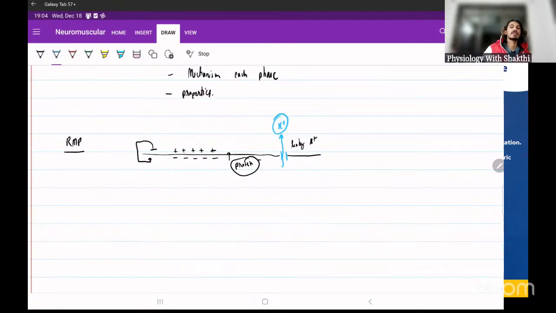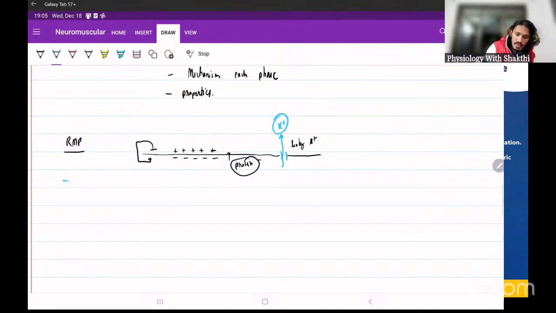A positively charged ion is going outside, and it will make the inside negative. And that inner negative ion, which is large protein which cannot cross, will result in the Donnan effect. Hence, there is inequitable distribution of ions across the membrane, resulting in a negative resting membrane potential. So RMP is usually negative.